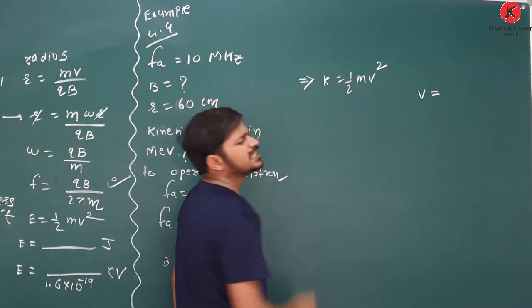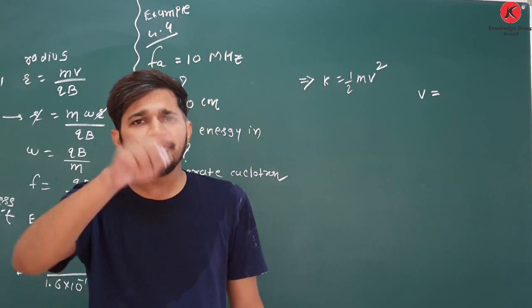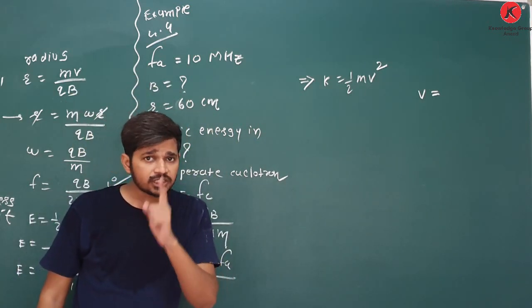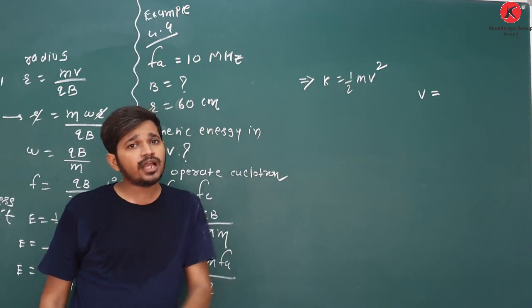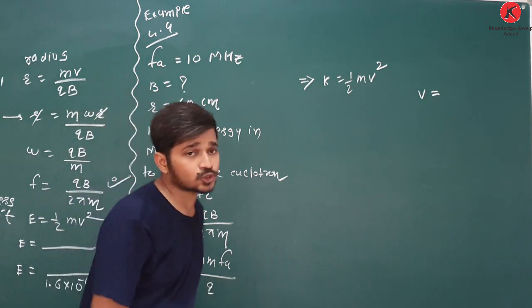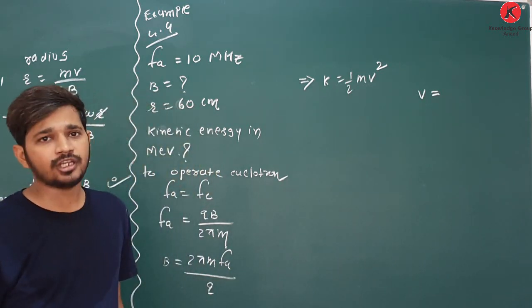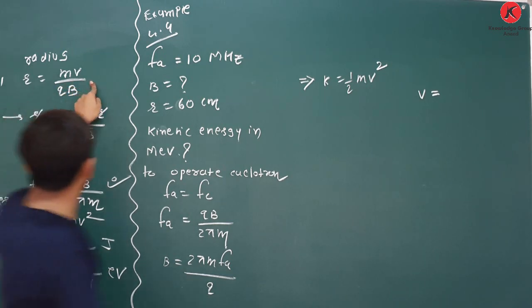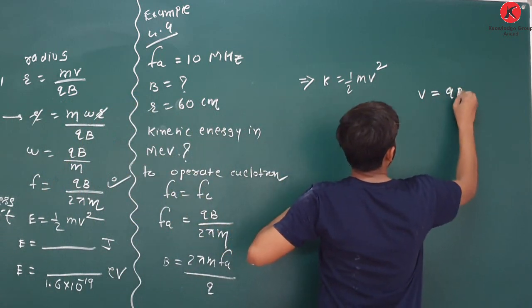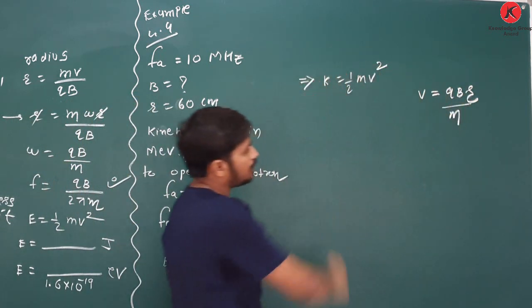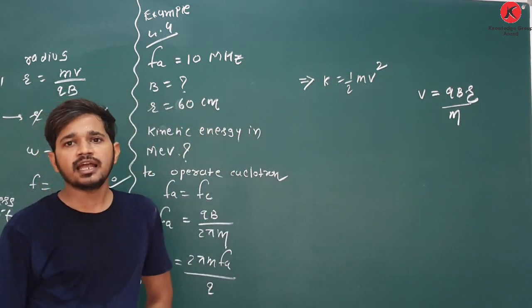v means linear speed. Speed means distance upon time during one rotation. What is the value of circumference? It is 2 pi r. And what is time? It is T. Or simply, if you want to make v the subject from this, you can also do that. v is equal to qBR upon m. Clear?